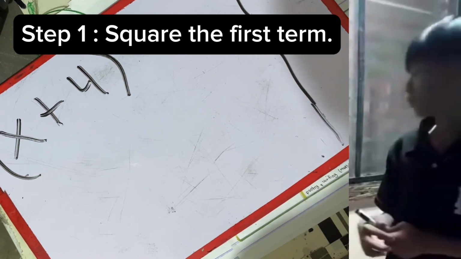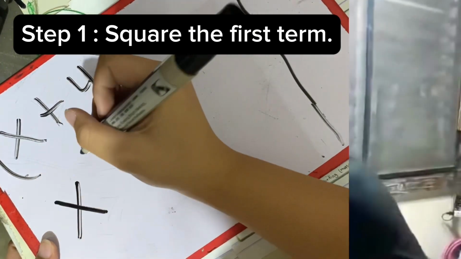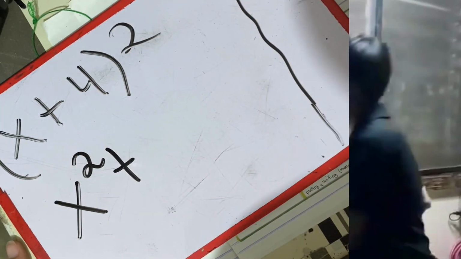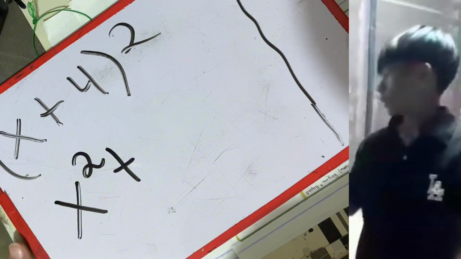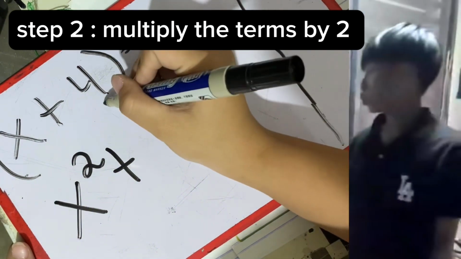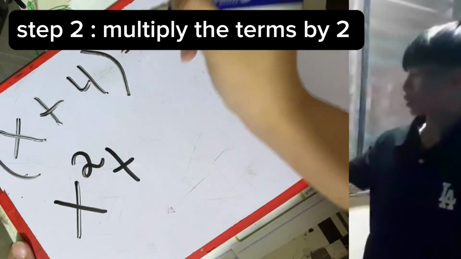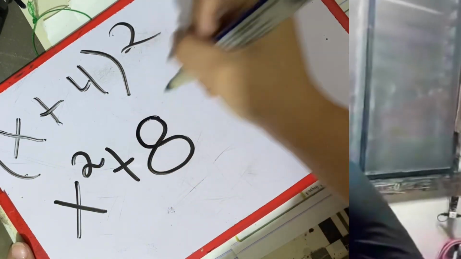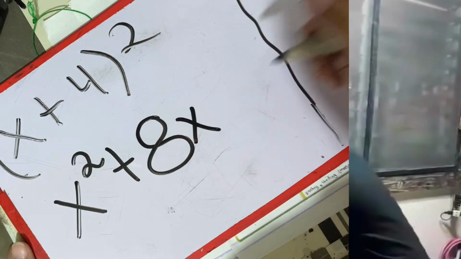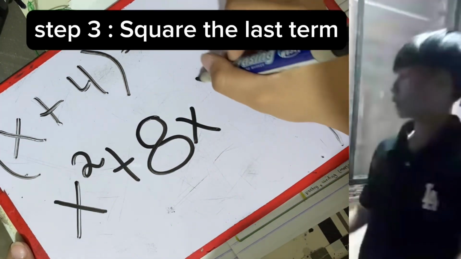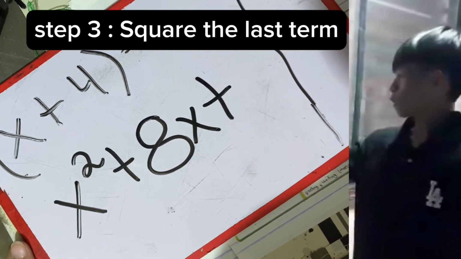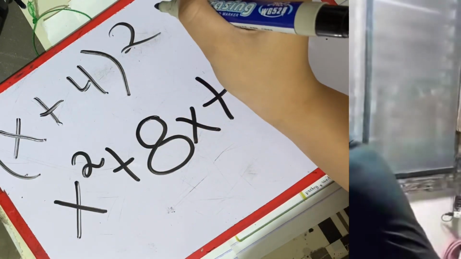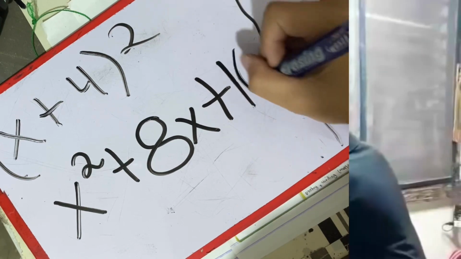The first step is you need to square the first term, so it will be x squared, and then put positive. And then the second step is you need to multiply x by 4 and then 2. So we will get 8x. And the third step is you need to multiply the 4 by itself. So it will be 16.